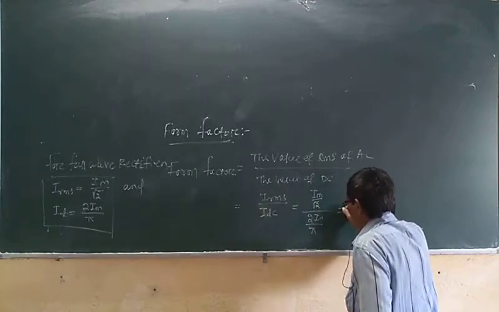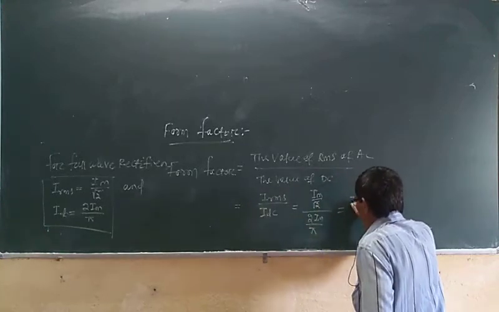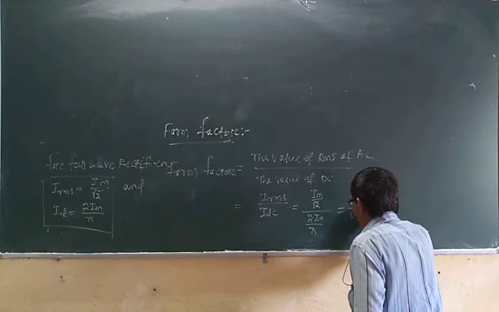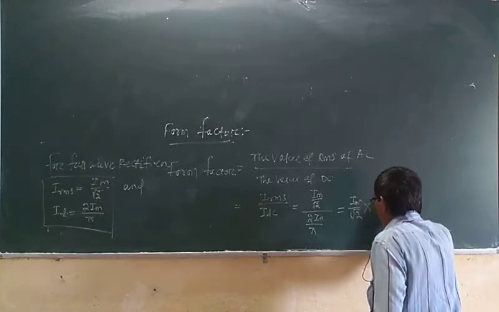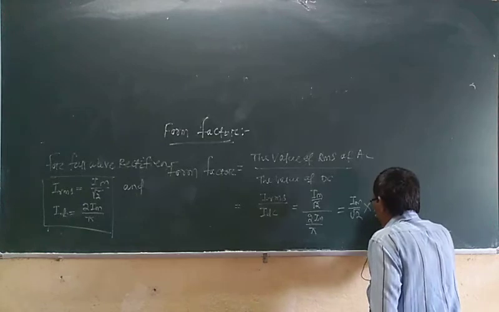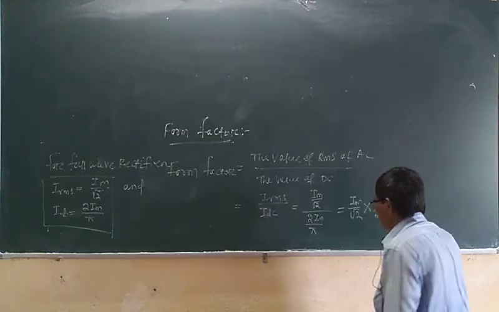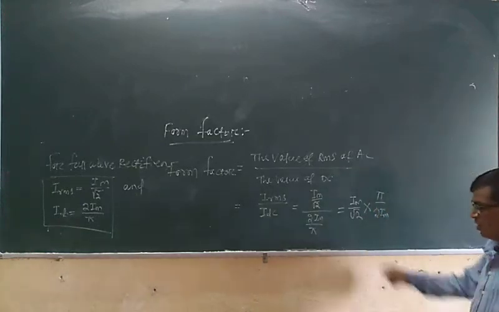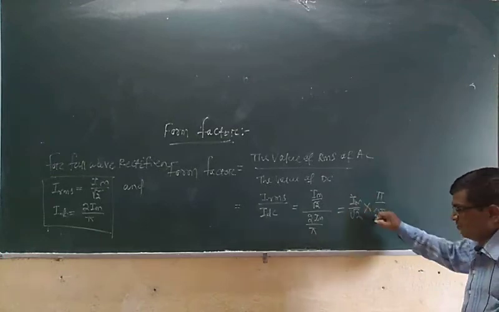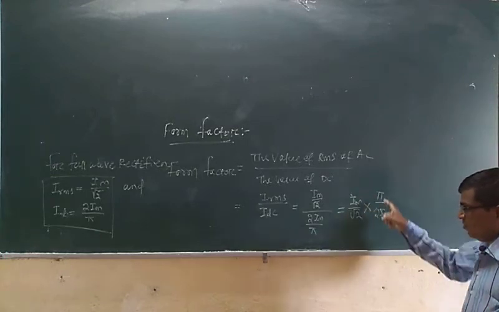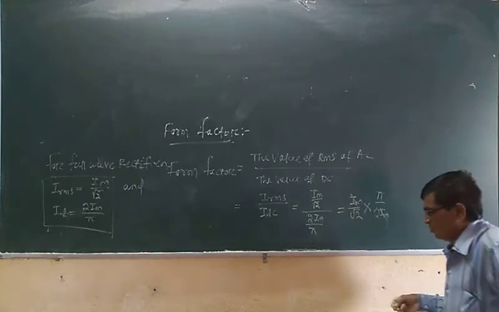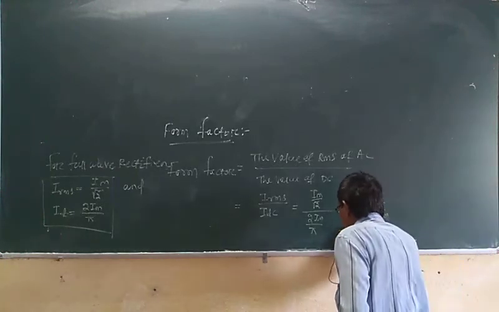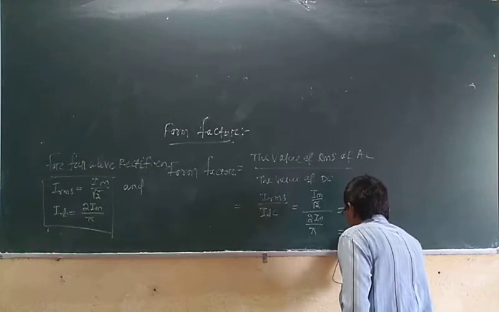Now it is simplified: Im by root 2 into pi divided by 2Im. Here the Im cancel. Now pi divided by 2 into root 2, that is equal to pi by 2 root 2.